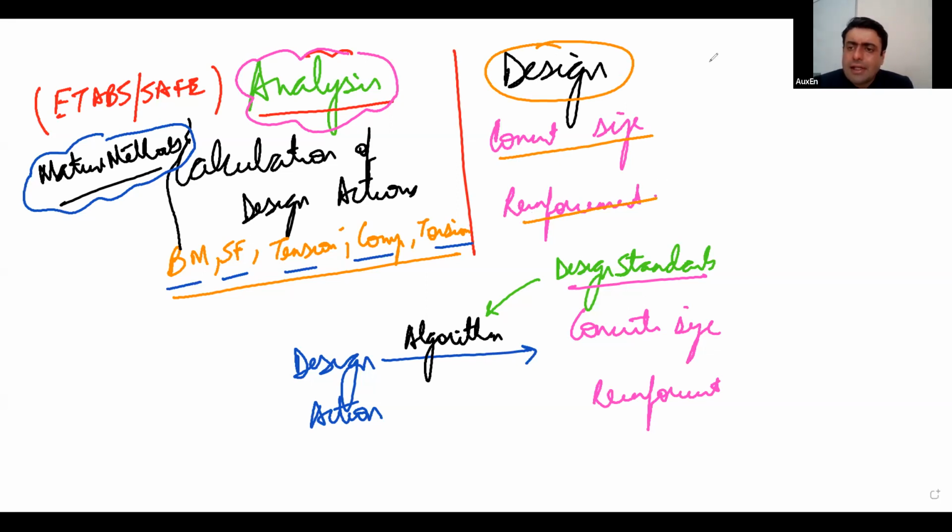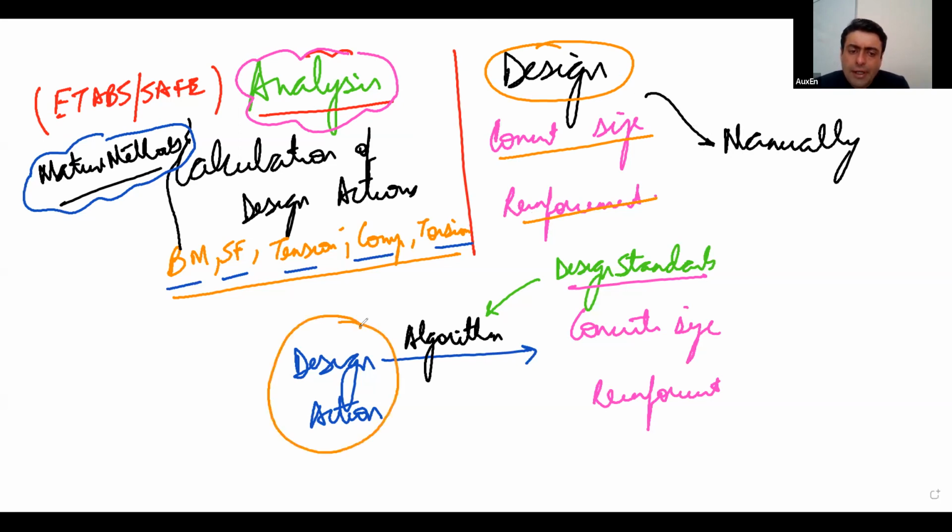This design part we will try to do manually also. In most design offices, many people do it manually. By manually, I don't mean they would be doing hand calculations every time. I mean they would be taking these design actions that they get from the software, and finding out the reinforcement, etc.